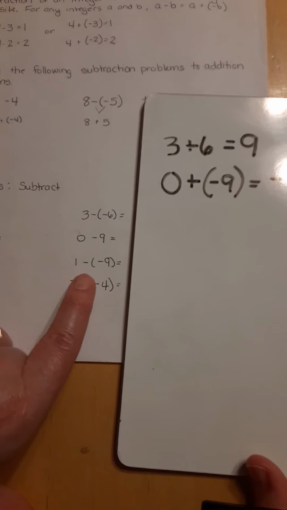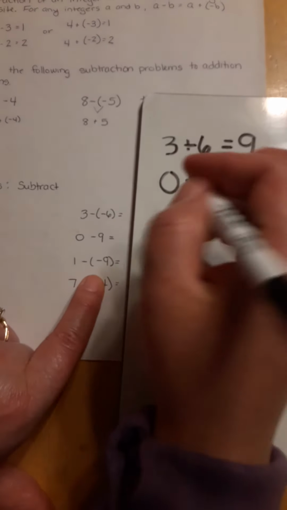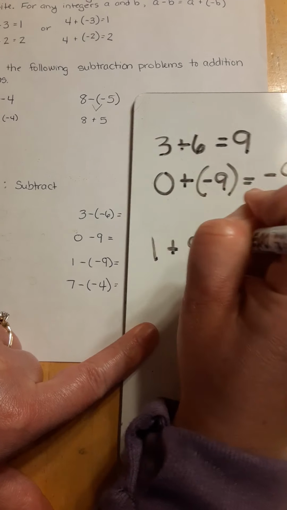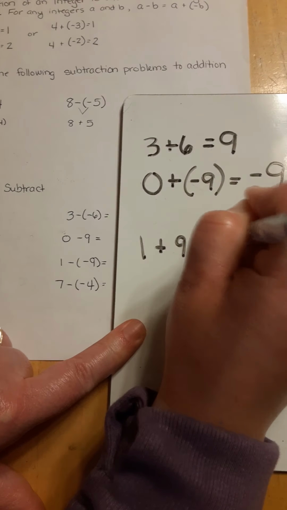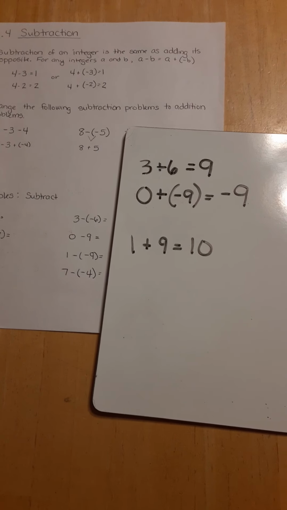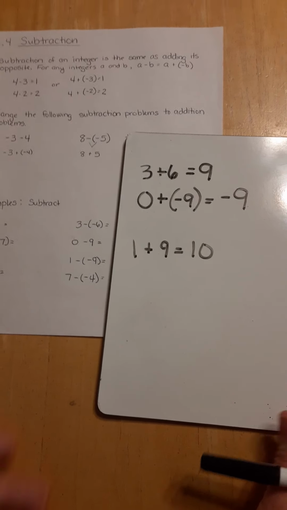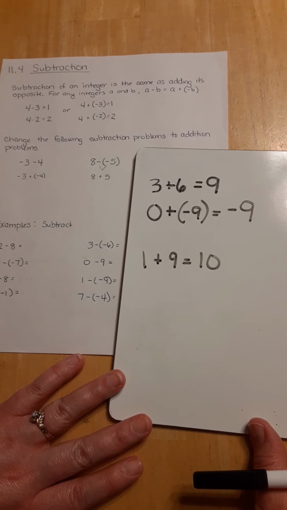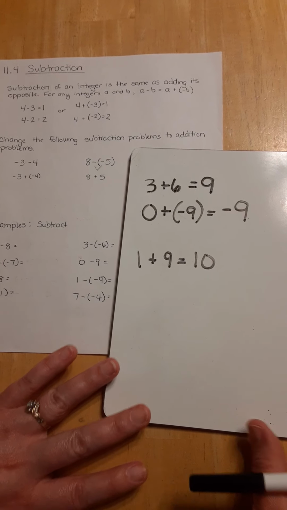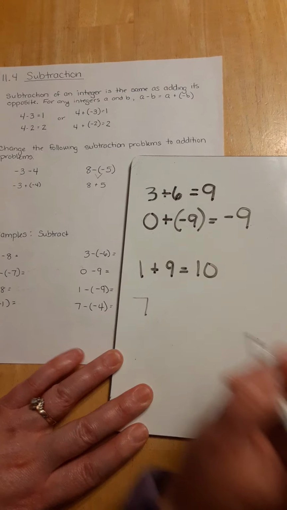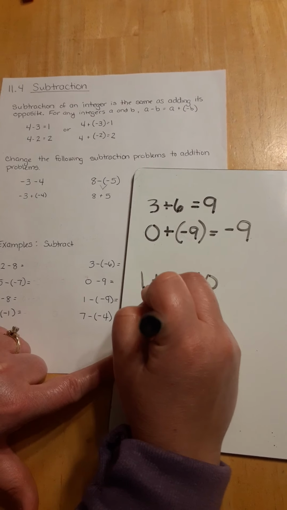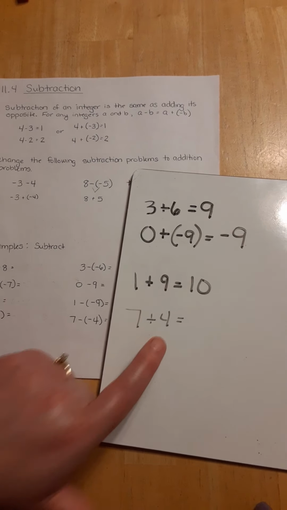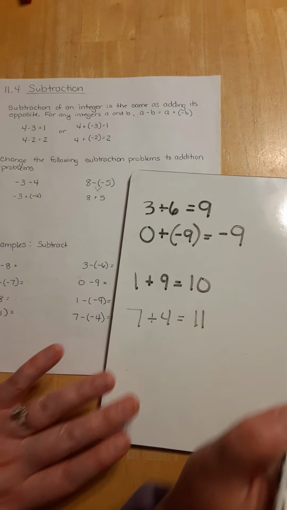Okay, did you recognize we have two negative signs side by side, and so that turned it to a positive 9, and so my final answer would have been 10. Okay, do the last one here. Okay, you're right. Two negatives again, so it turns it to a positive 4, and now I just do my addition. 7 plus 4 is 11.